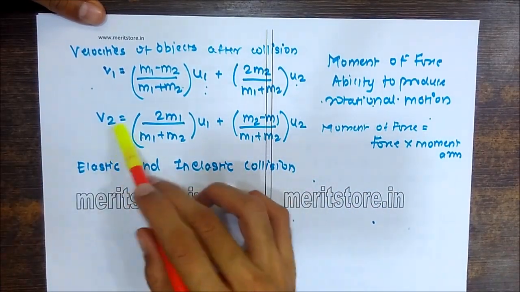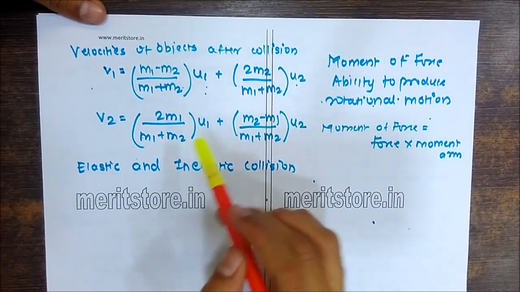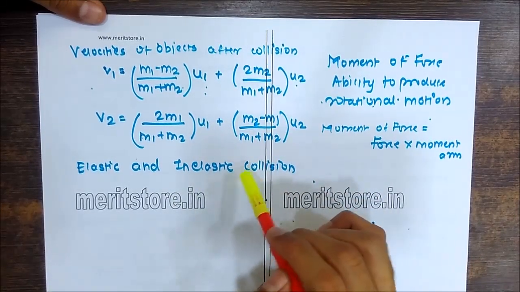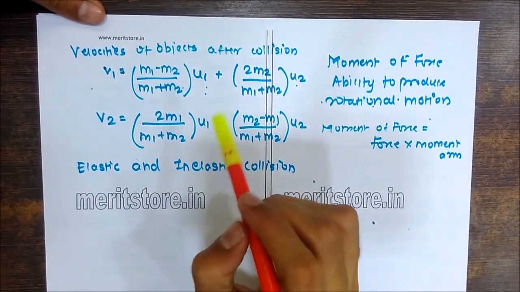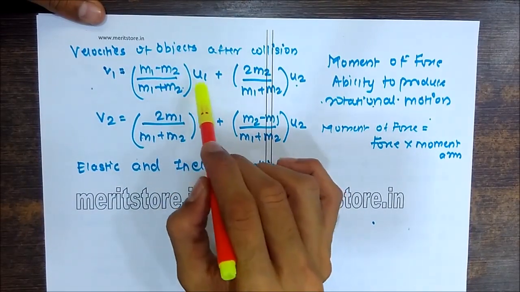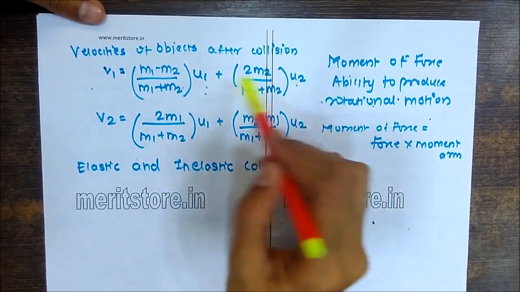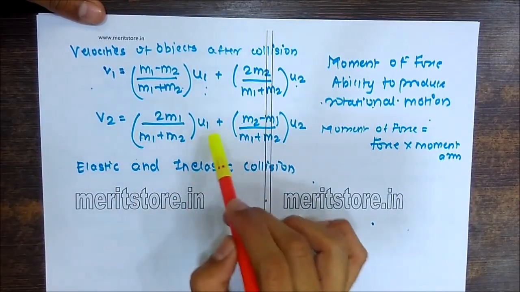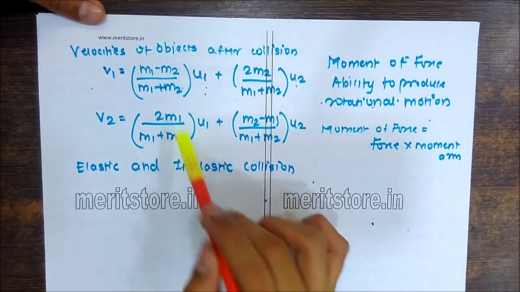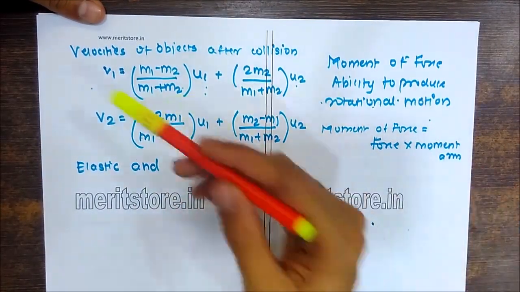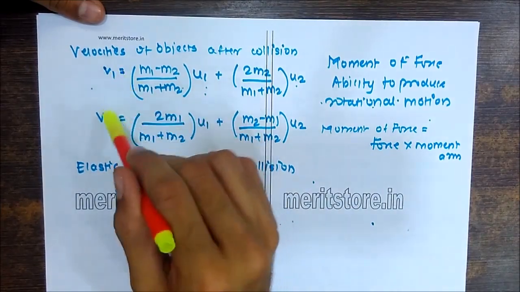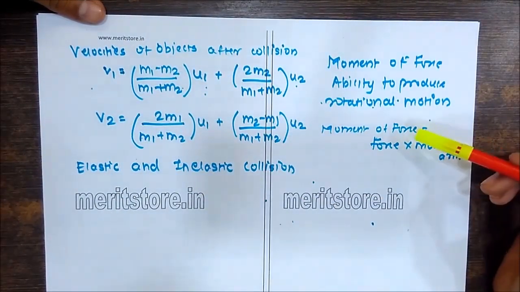Similarly for v2, we have 2m1 upon m1 plus m2 into u1 plus m2 minus m1 upon m1 plus m2 into u2. So what we basically need is the masses of the two objects and the initial velocities of both the objects. We can find what their velocities will be after collision.